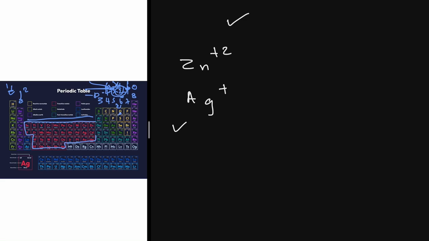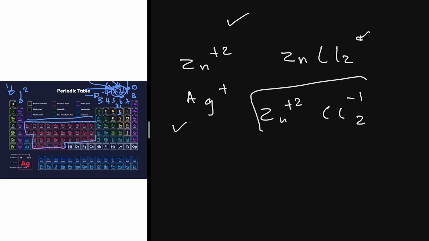For example, if we have zinc that is bonding with chlorine, in this case it is a must for it to bond with 2 chlorine because remember, chlorine is in group number 7, so it has -1. So that means we need 2 of them to have -2 because zinc is always having a +2.